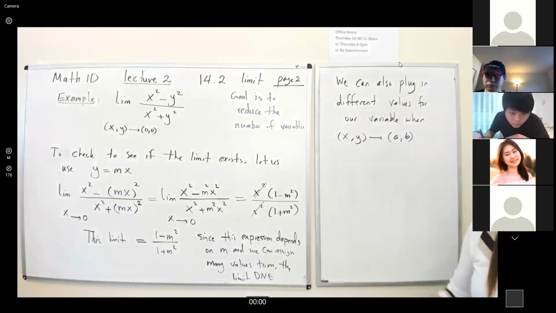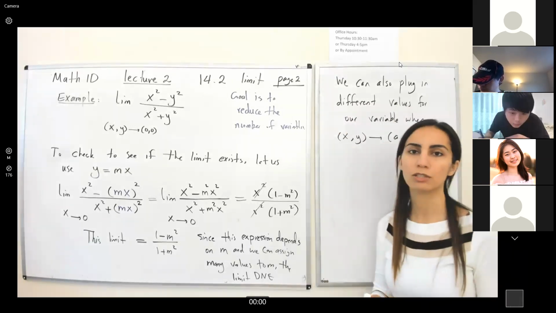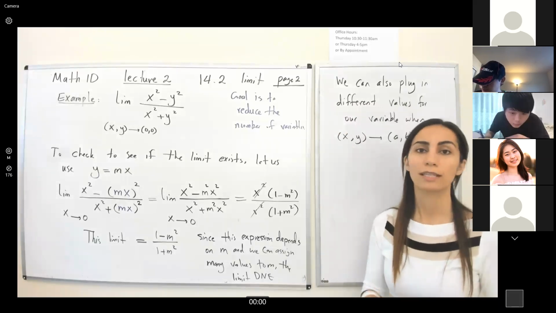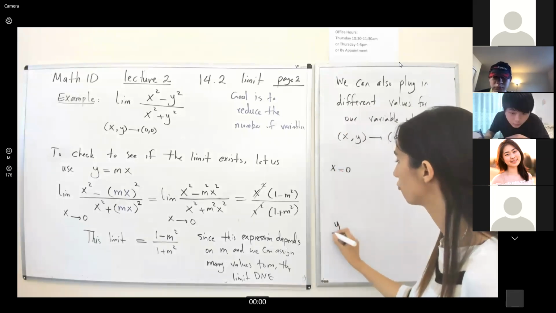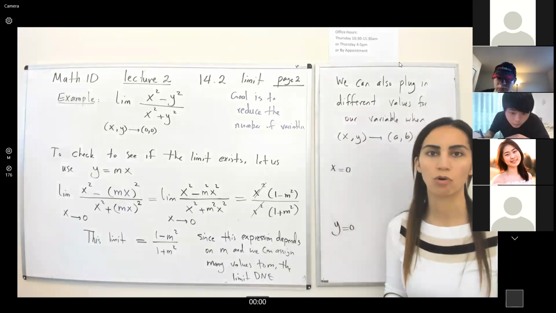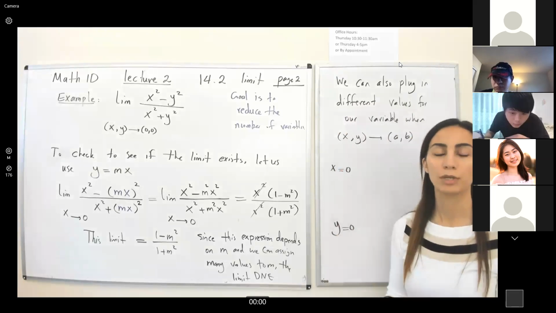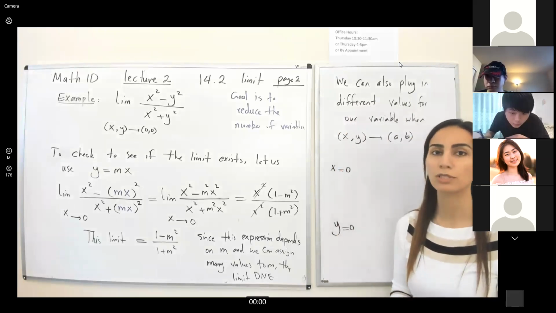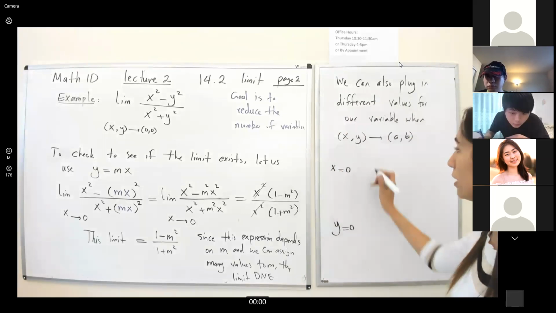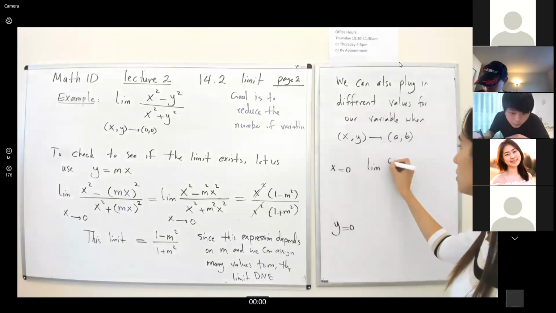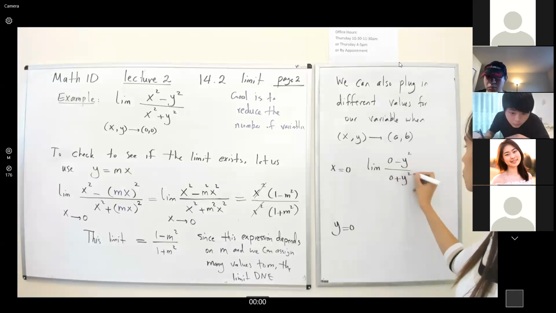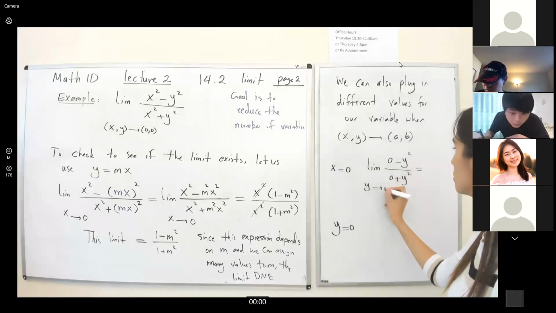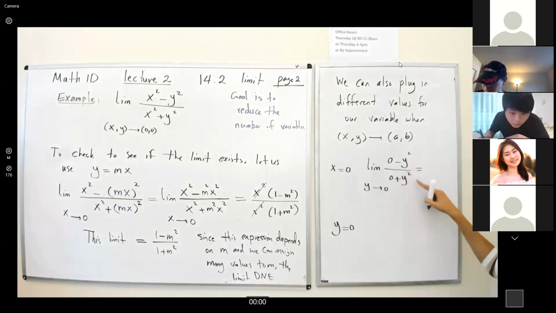So in this case, I might say, I want to set x equal to 0, and just eliminate x and reduce the variable into y. I get the limit of 0 minus y squared over 0 plus y squared, as y goes to 0, which is negative y squared over y squared, which is negative 1.